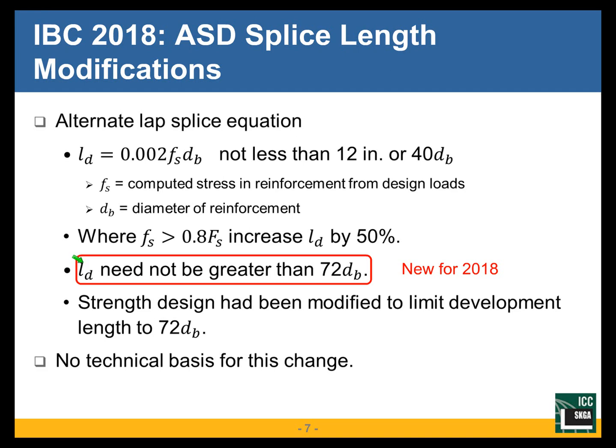This was also added into the allowable stress design provisions in IBC. Essentially, what happened was that back in 2011, we had increased the allowable stress of steel reinforcement from 24 ksi to 32 ksi, resulting in, based on their equation, longer lap lengths, and they added this limit.